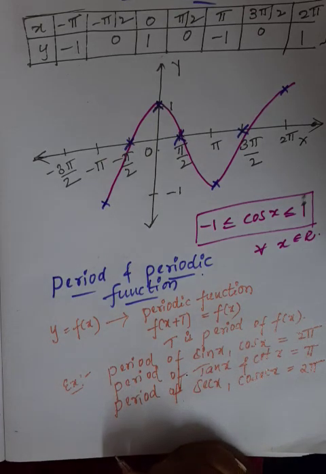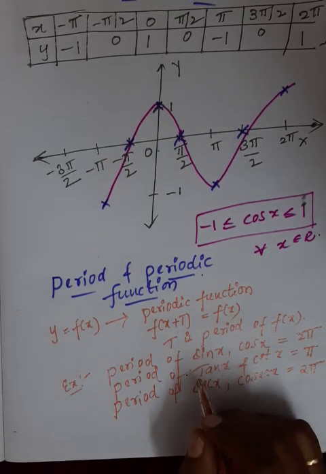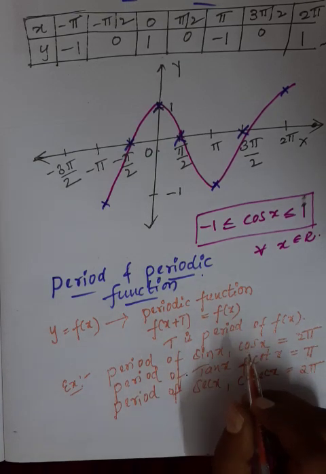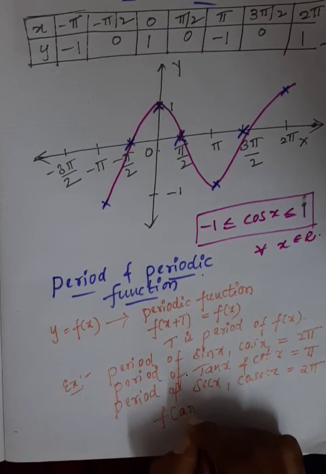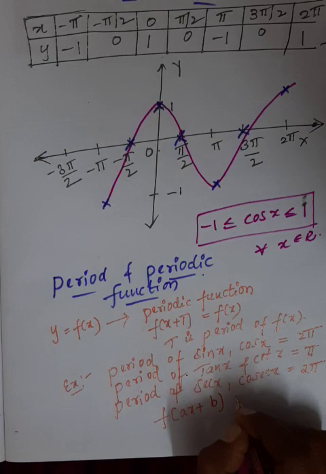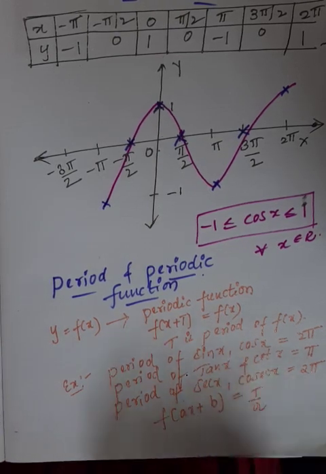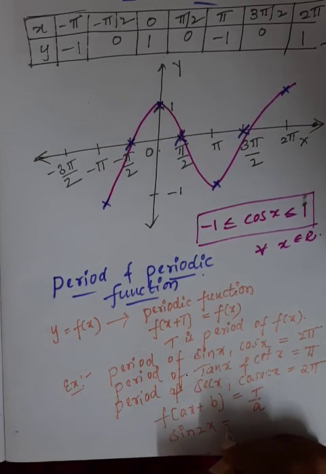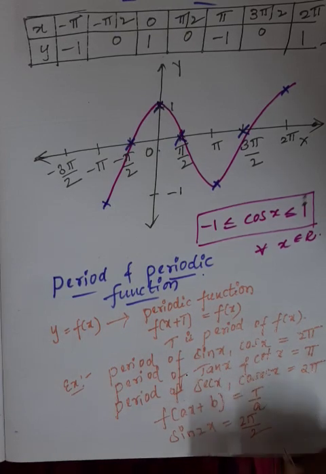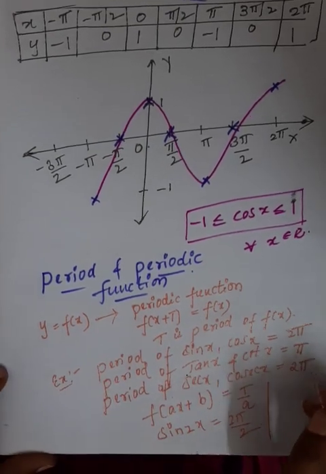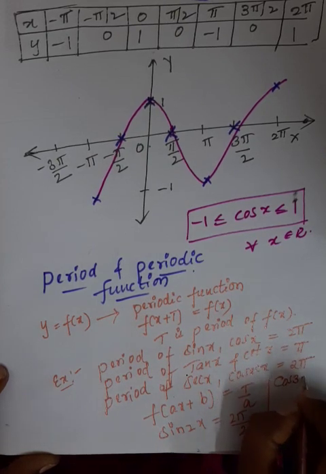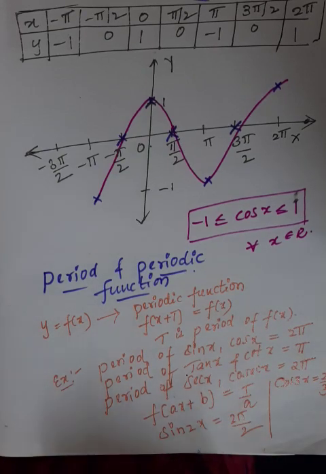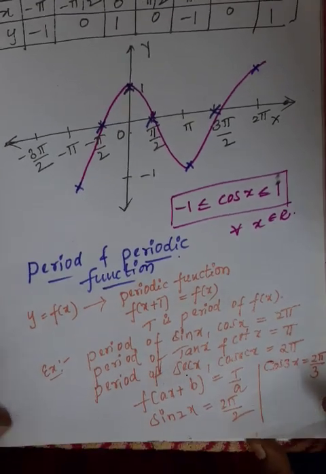Therefore, if f of x is a periodic function with period t, then f of x plus t is equal to f of x, and the period of f of ax plus b is t by a. Similarly, the period of sin 2x is 2 pi by 2, and the period of cos 3x is 2 pi by 3. So like this you have to find periods for the given functions.